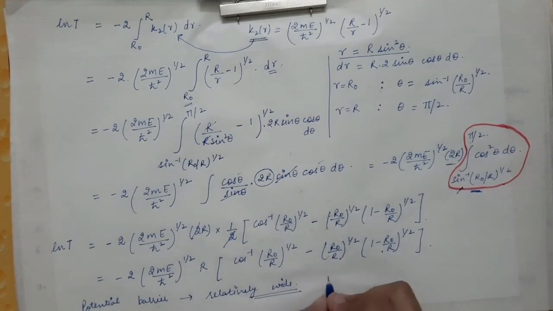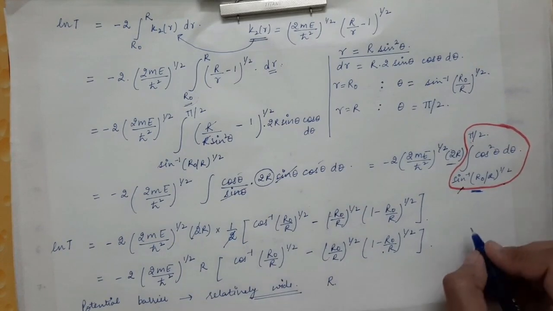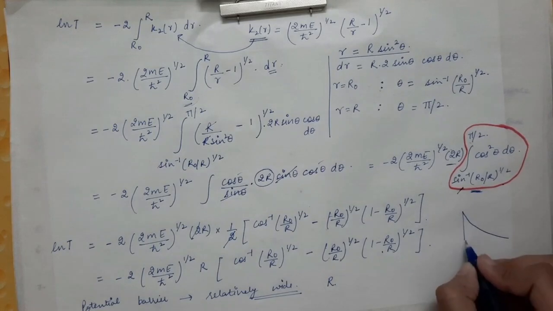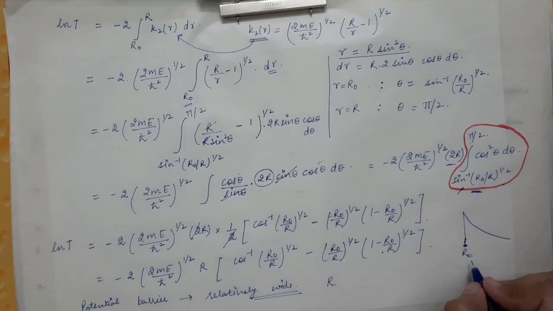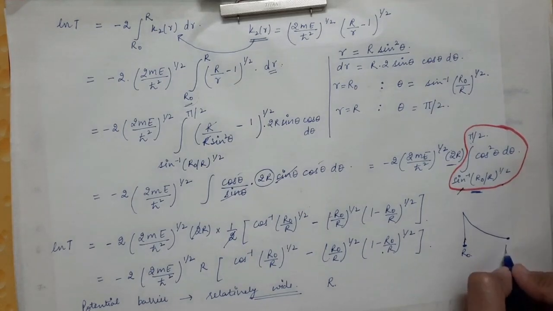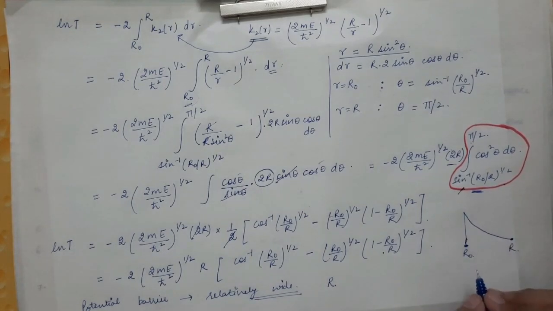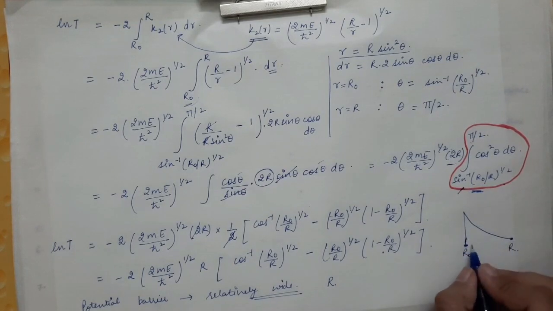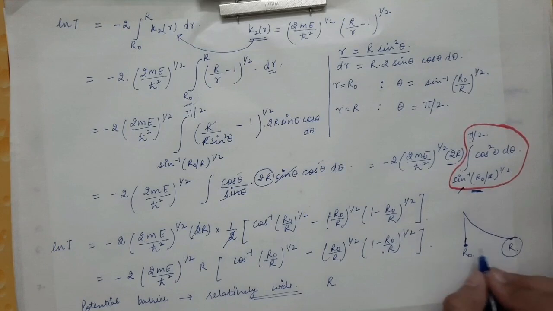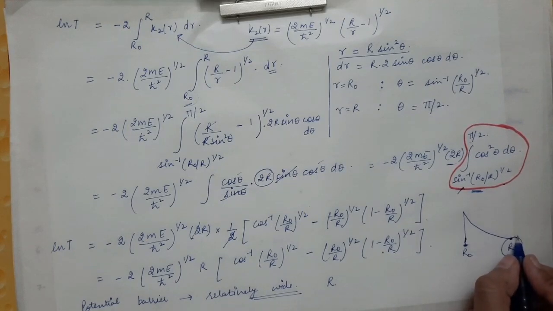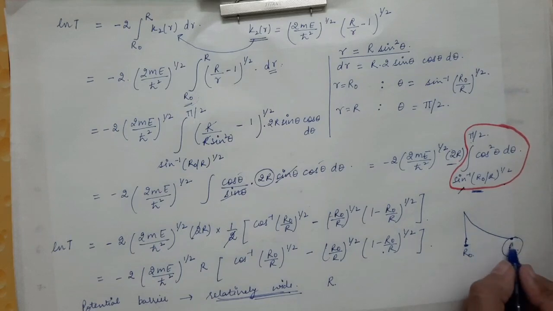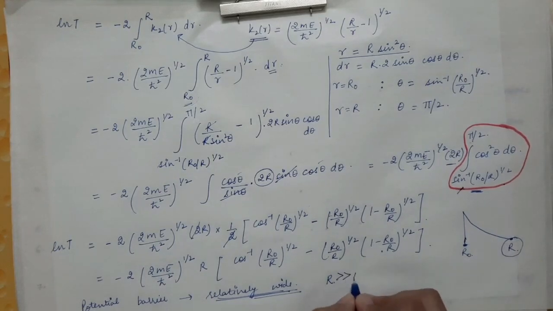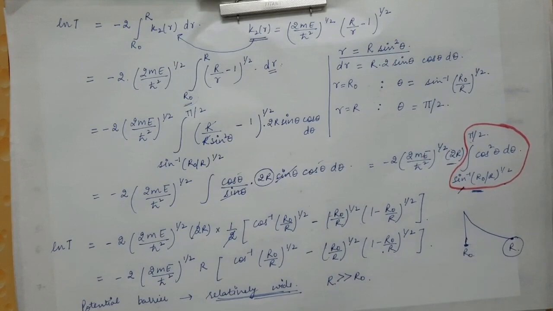Relatively wide means that the r distance that we had taken, this was the potential barrier, this was the distance r naught, which is the radius of the daughter nuclei, and this was the distance capital R. So for the case of alpha particle, it has been seen that the width of the potential barrier is relatively wide, meaning this r is very much greater than r naught.